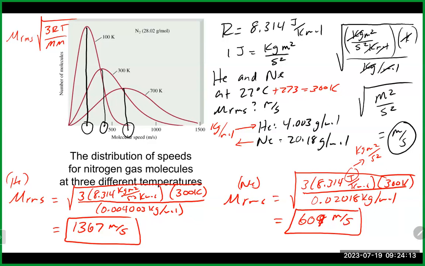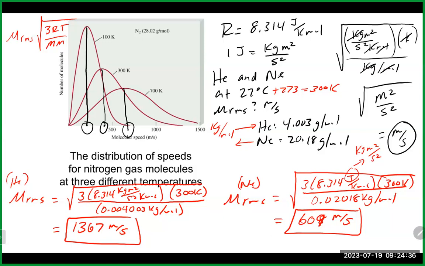The one that's moving much faster is helium, right? Much lighter, moving about twice as fast. For reference, that's about, I think, 1,369 miles per hour for neon. Helium is moving about 3,000 miles per hour.